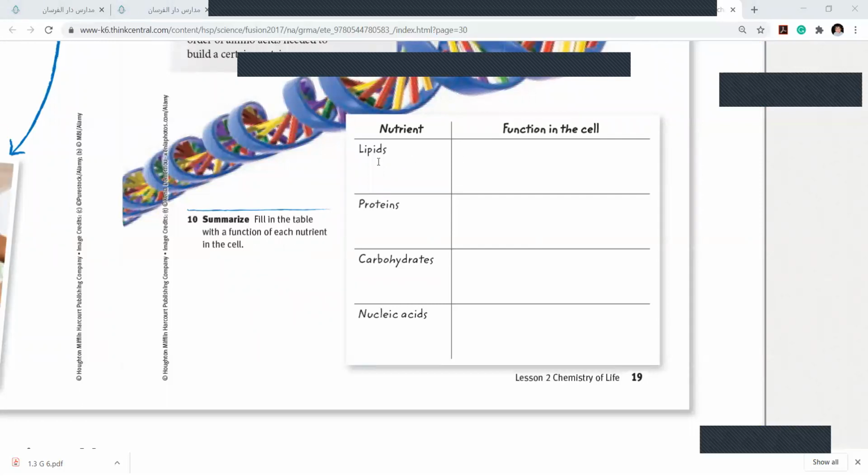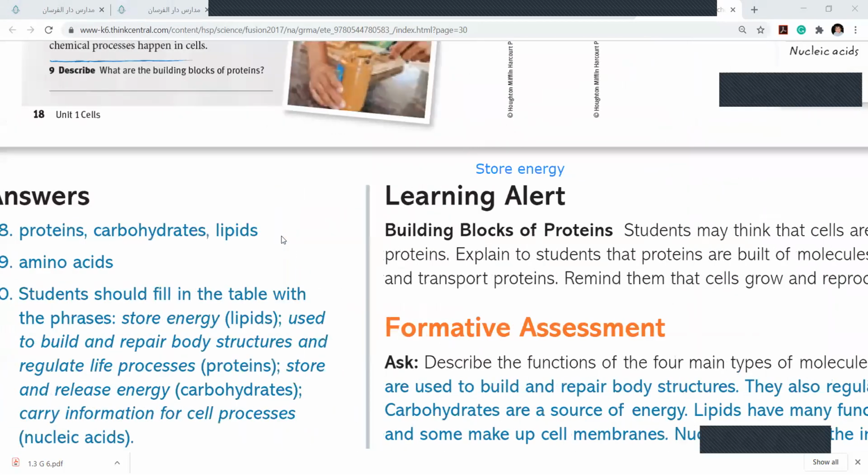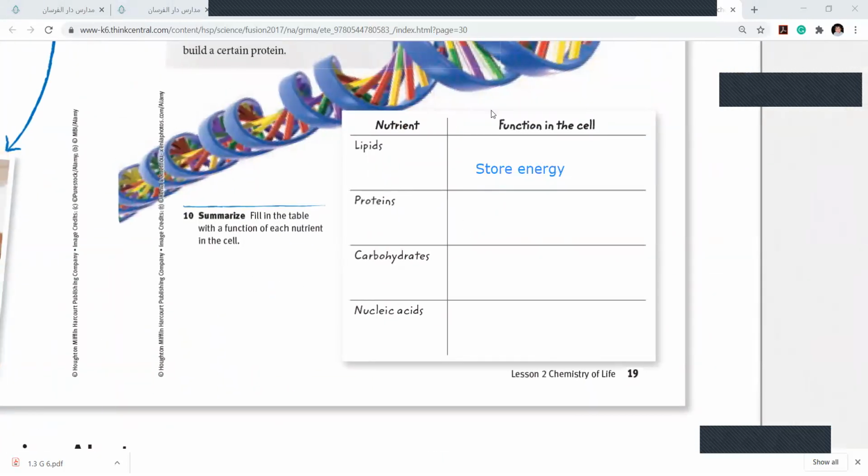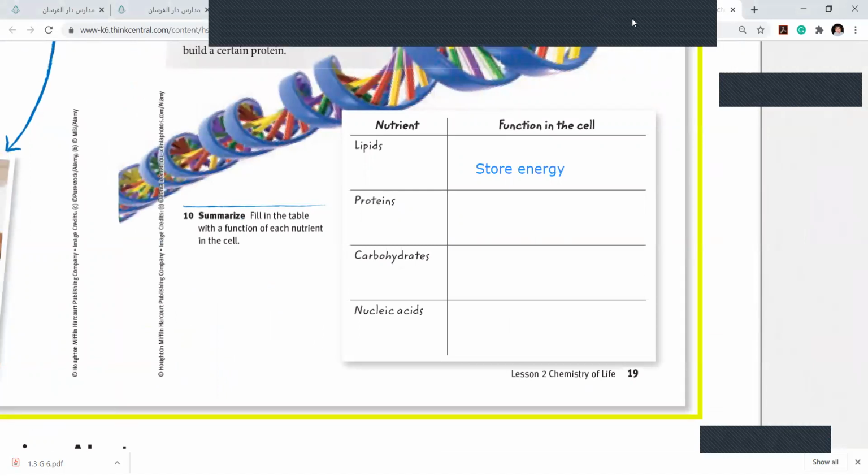Okay. Now, what did I say for lipid? Store energy, right? Store energy. That is for lipid. For proteins, grow and repair.